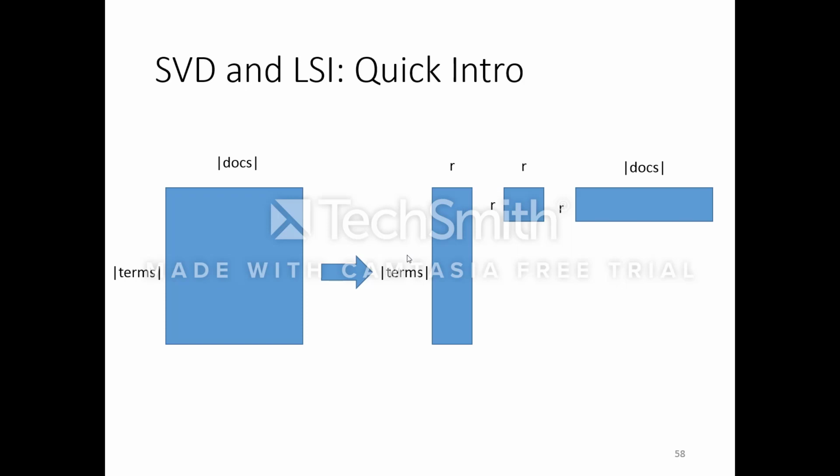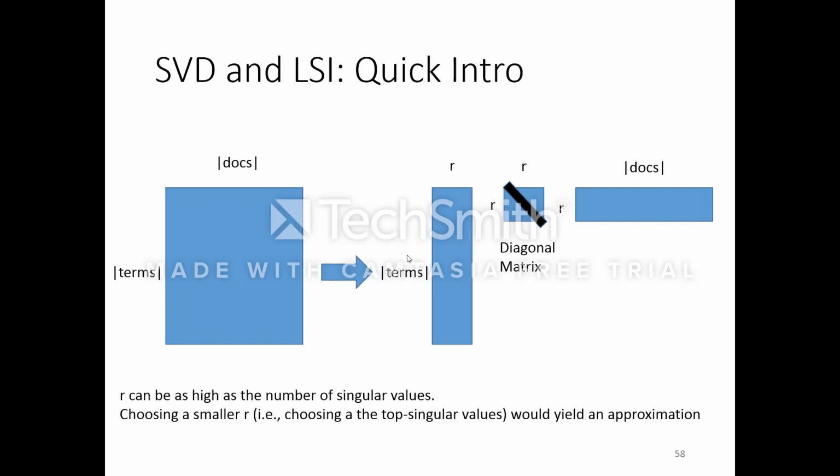You might see that the dimensions are all right: terms by R, and if you multiply it by an R by R matrix, you will get a terms by R matrix, and if you multiply that with an R by docs matrix, you get a terms by docs matrix. Then we enforce the condition that the R by R matrix is a diagonal matrix. So all entries outside the diagonal are going to be 0, and R can be as high as the number of singular values.